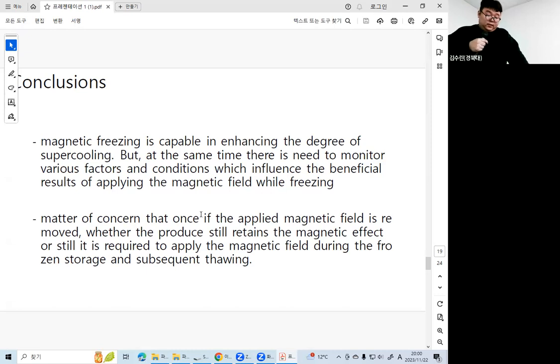Another matter is whether, once the applied magnetic field is removed, the product still retains the magnetic effect, and whether it is required to apply the magnetic field during frozen storage and subsequent thawing.